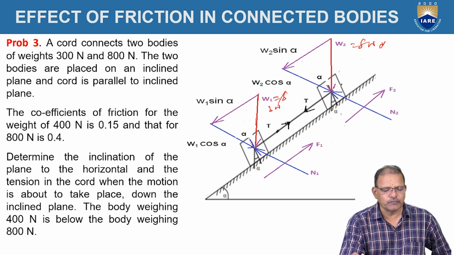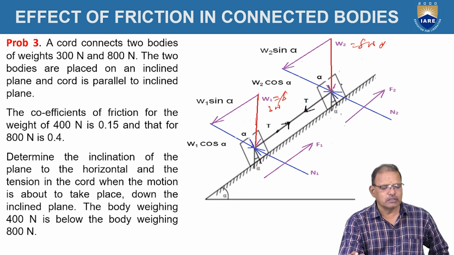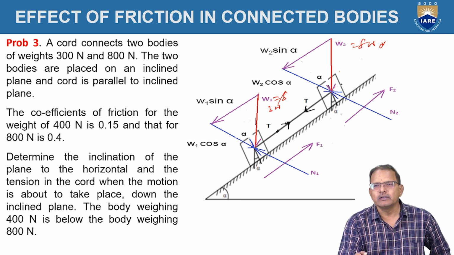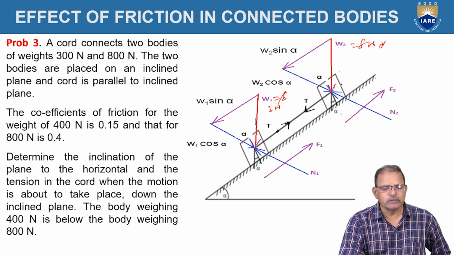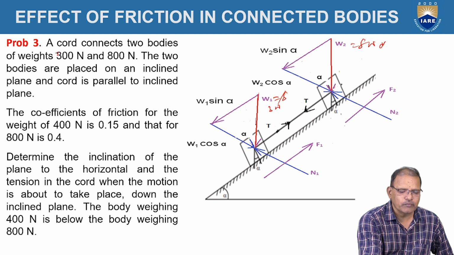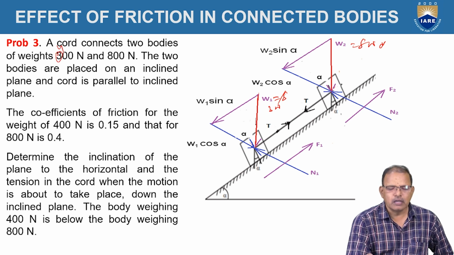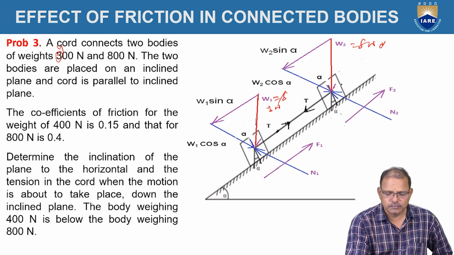The coefficient of friction for the weight of 400 newtons is 0.15 and that for 800 newtons is 0.4.